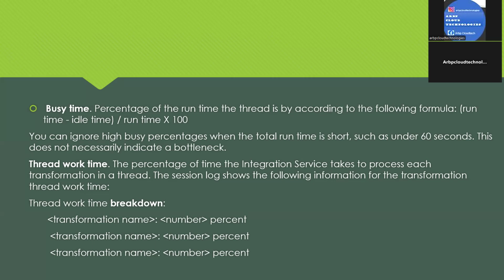If an interviewer asks how to identify the bottleneck, you need to go to the session log and check the run time and idle time of each thread. Busy percentage is run time minus idle time, divided by run time, multiplied by 100. So this is the formula for busy time. Suppose the busy percentage is high.